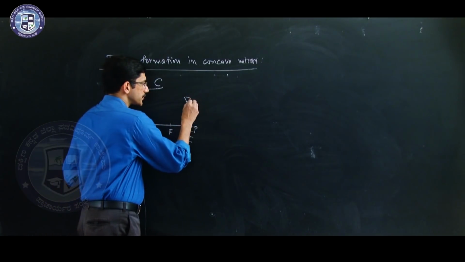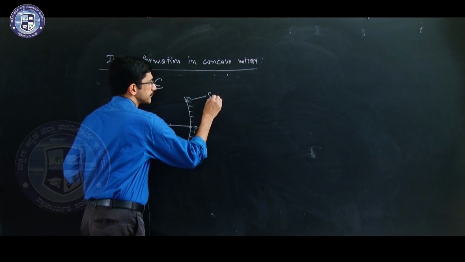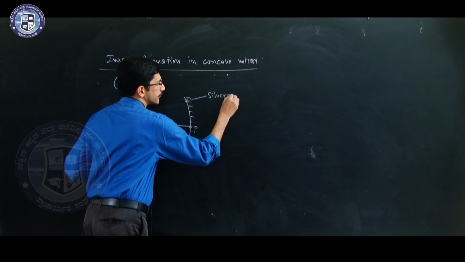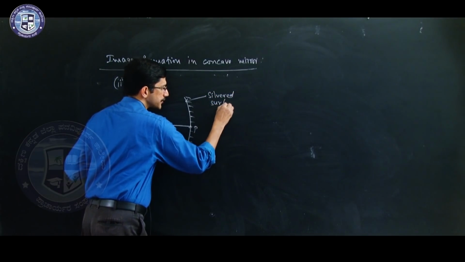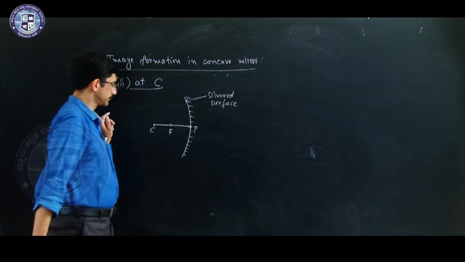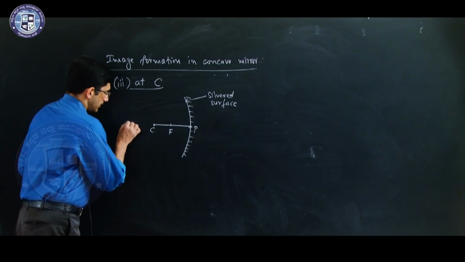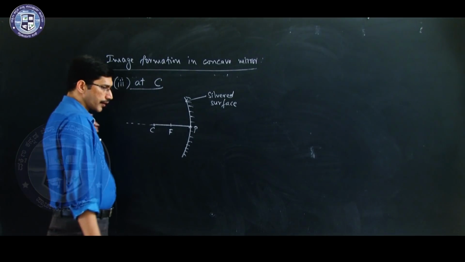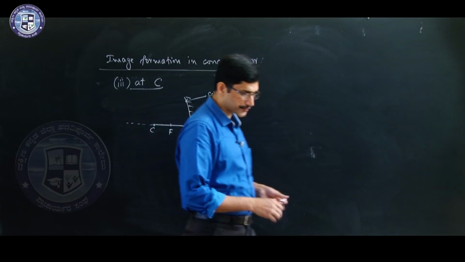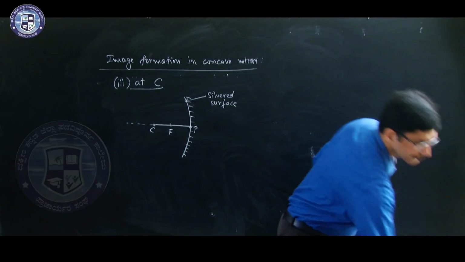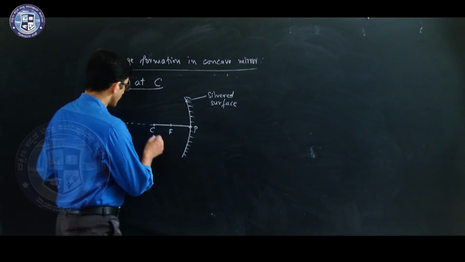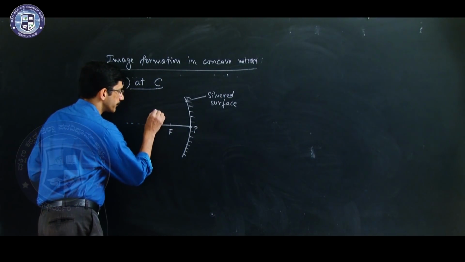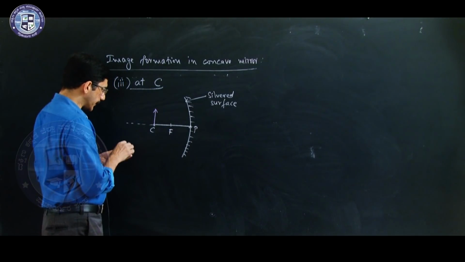So, this surface is the silvered surface, which is opaque, and this is the principal axis. Now, the object is at C. So, AB is the object.